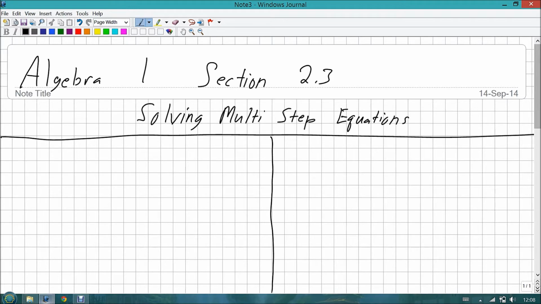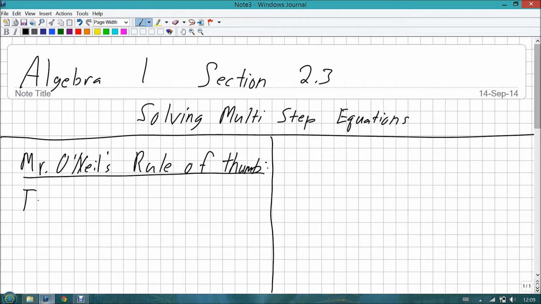But I'm going to give you guys a rule of thumb first. So this is Mr. O'Neill's rule of thumb. Mr. O'Neill's rule of thumb for these is to get rid of addition, can you guess? Add.